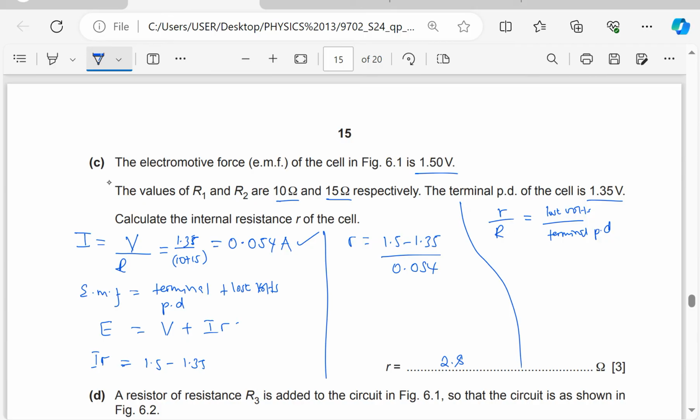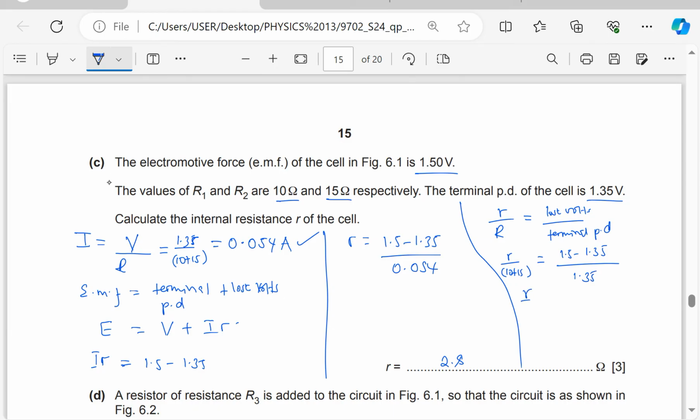That is, the ratio of the resistances is equal to the ratio of the PDs. So r over the total resistance outside, which is 10 plus 15, should be equal to the lost volts, which is 1.5 minus 1.35, over the terminal PD, which is 1.35.